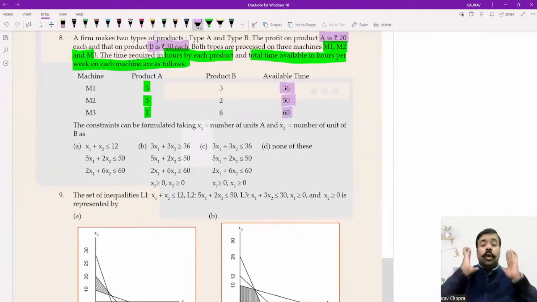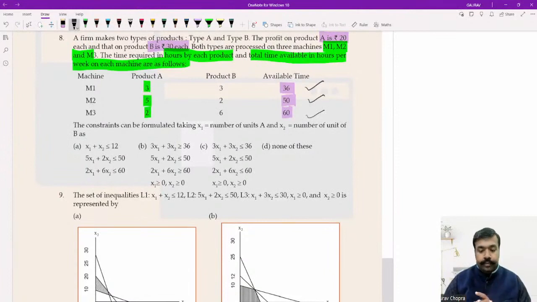So now what is the constraint? What is the limitation? The limitation is about time. M1 is having 36, M2 is having 50 and M3 is having 60. So this is the available limit. All right. Now, according to this, we have to prepare. So this is the maximum limit.